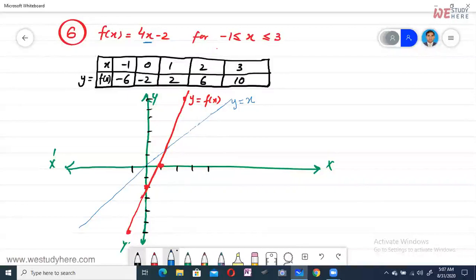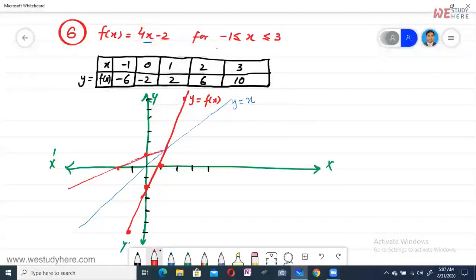Now, on the x-axis this is 0, -2, and on the y-axis we will take -2, 0. On the x-axis 1, 0, then on the y-axis we will take 0, 1.